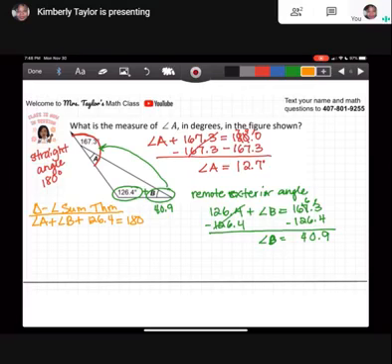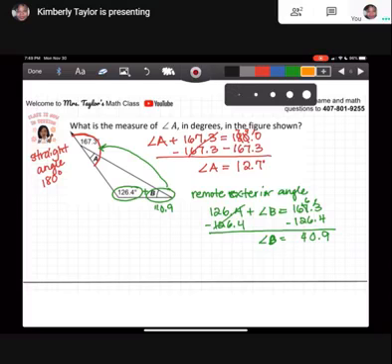So I can subtract 126.4 from both sides. And of course, this is the longer way to do the problem. Again, I know that B is 40.9. And I should have added them together. Let me do that differently. Hold on.